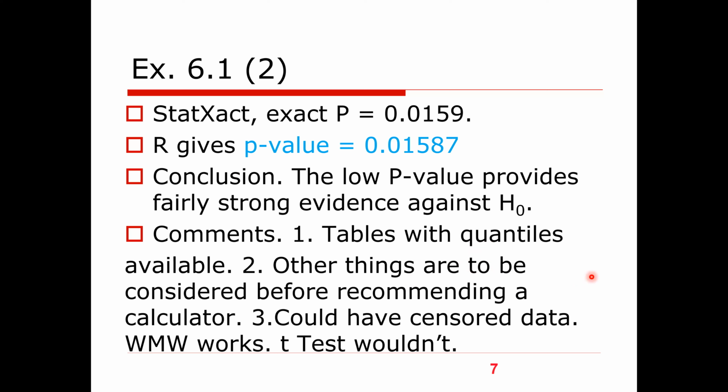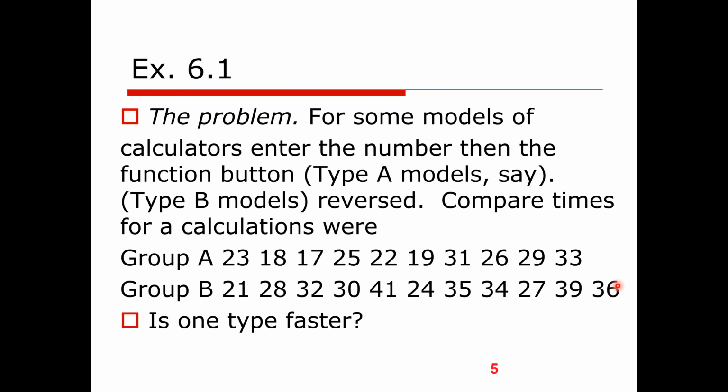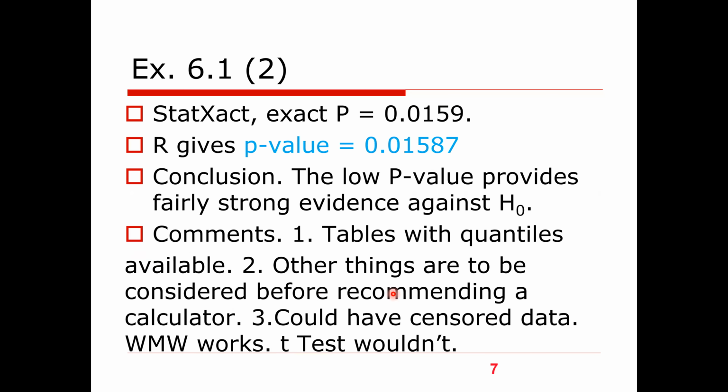And also another thing is the censored data. Because the longest time of the two samples is 41 minutes. And this may be because the experiment has a time limit, which is 40 minutes, which means maybe one student could not finish all the problems within 40 minutes.